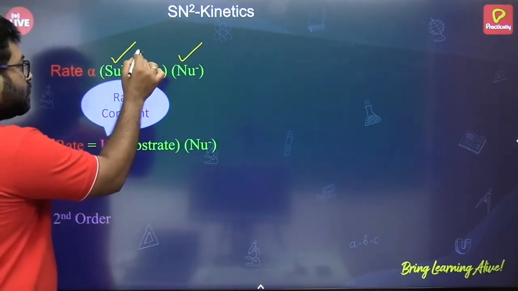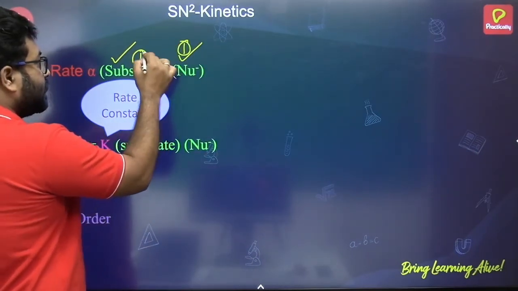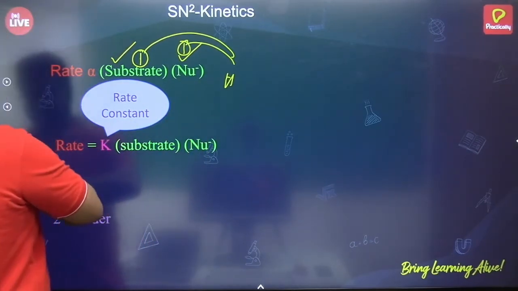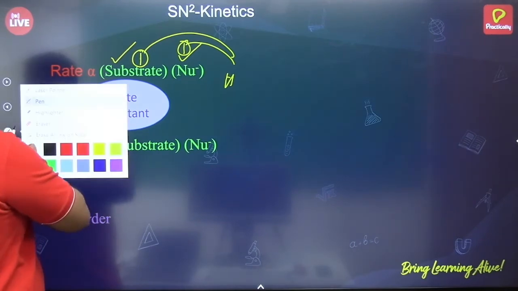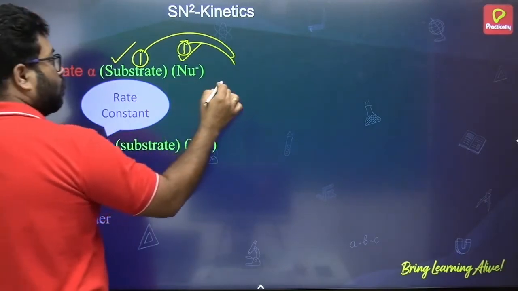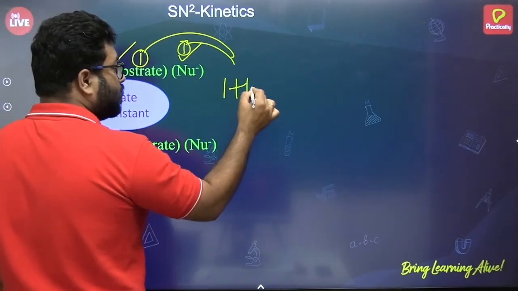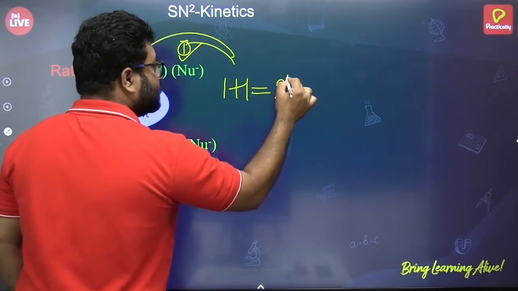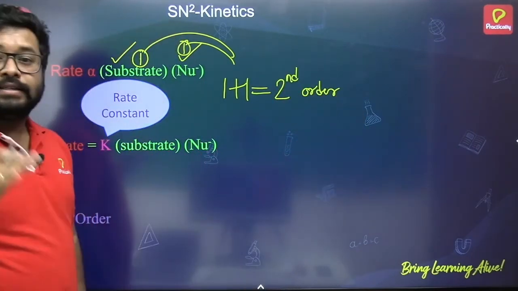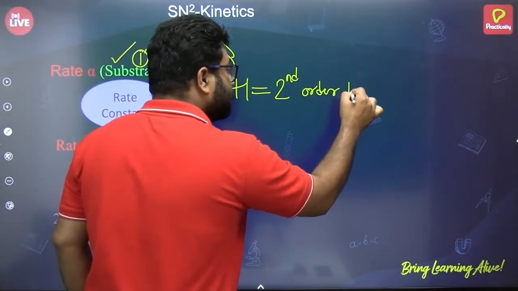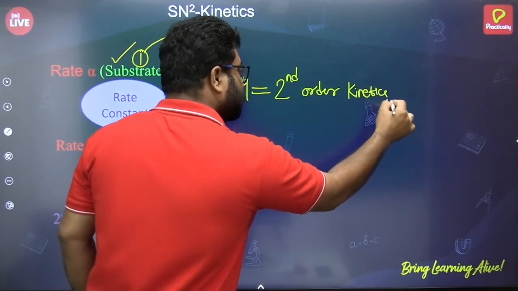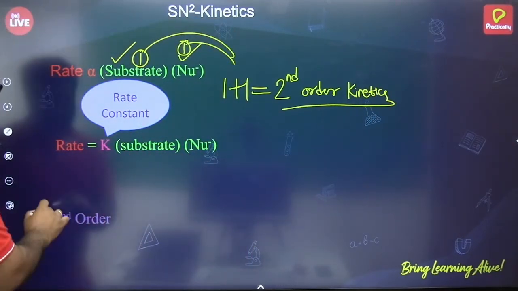So this is one, this is another, and what has it become? 1 plus 1. What has it become? It's a second order kinetics. It's a second order reaction. As you can see, it's a second order. I have written here also.